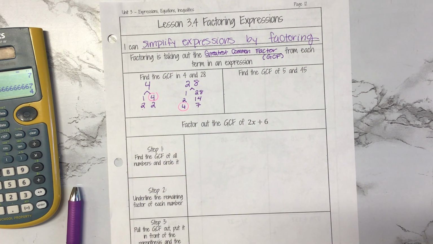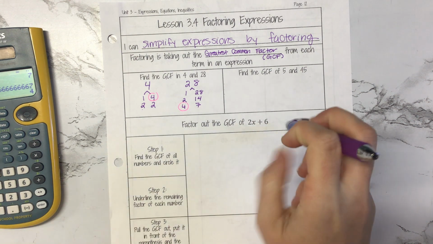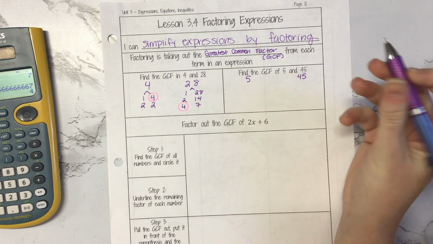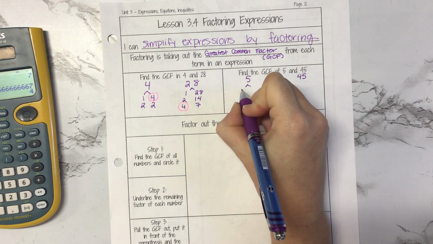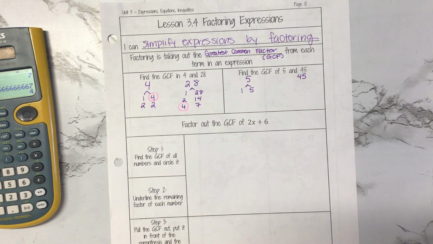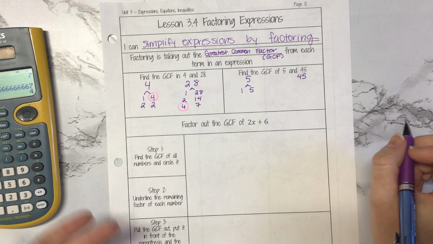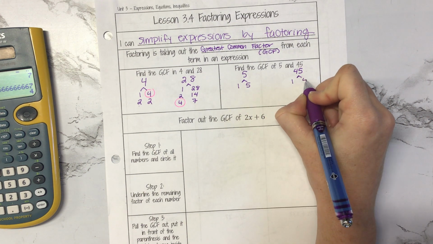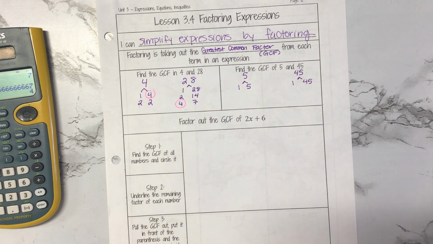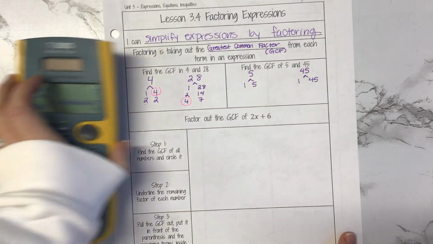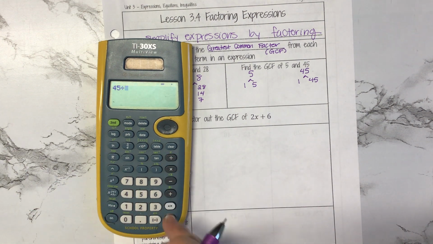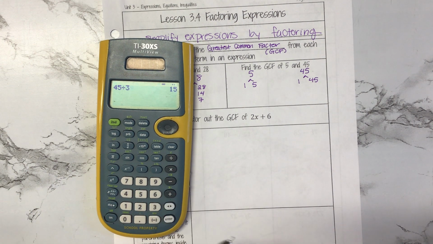Let's do 5 and 45. So I start by writing 5 and 45. 1 times 5 is 5, and that's it, right? 5 is a prime number. Those are its only factors. So I know that 1 times 45 is 45. It's not even, so it's not divisible by 2.